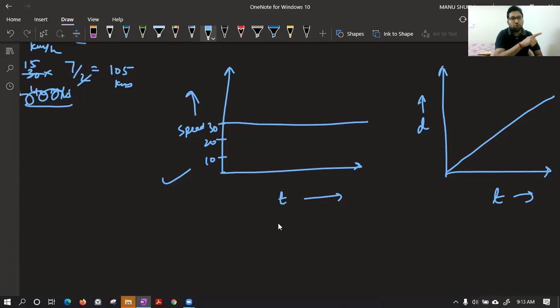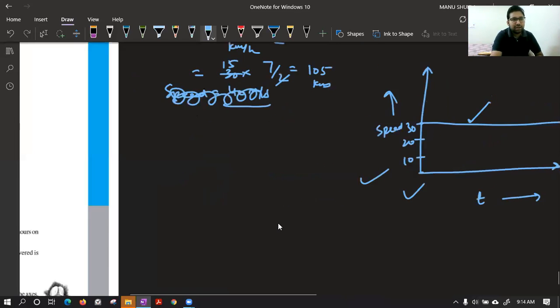You can observe in the question also, the distance time graph is coming like this. This is the distance time graph and this is the speed time graph. The speed time graph will be like this because speed is constant, and the distance time graph will be like this because speed is fixed. So a person will cover the same distance in the same time.